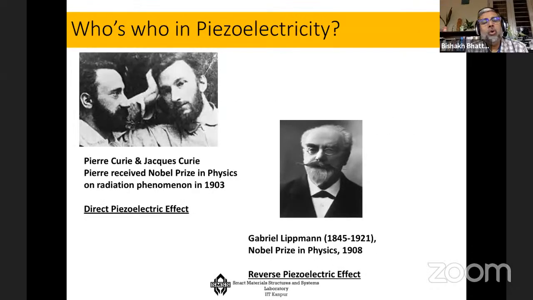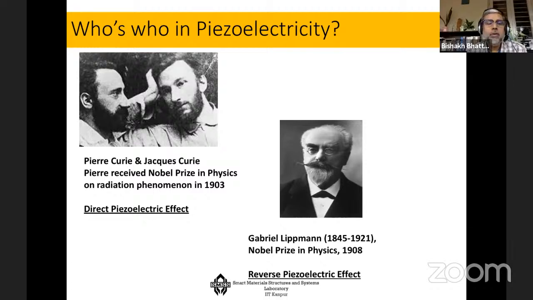Pierre Curie and Jacques Curie are credited with its development. Later on, Pierre Curie got his Nobel Prize on radiation phenomena in 1903, where this particular discovery helped a lot. And Gabriel Lippmann got his Nobel Prize on the reverse piezoelectric effect.